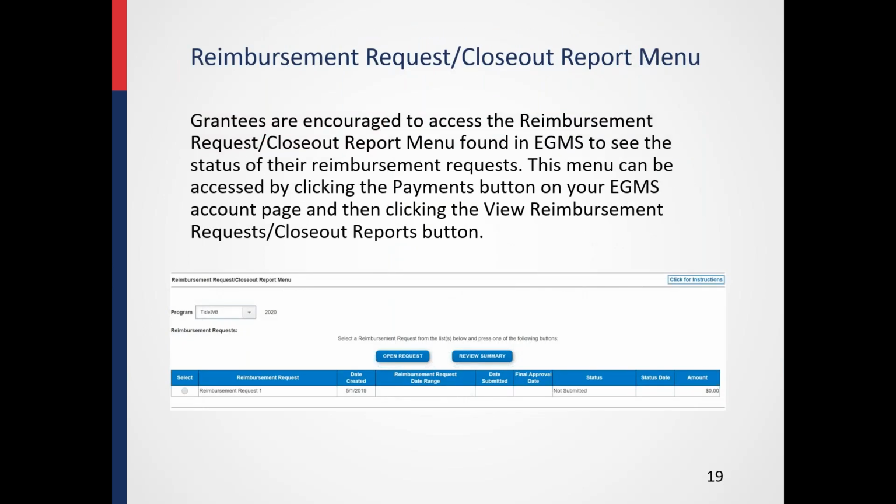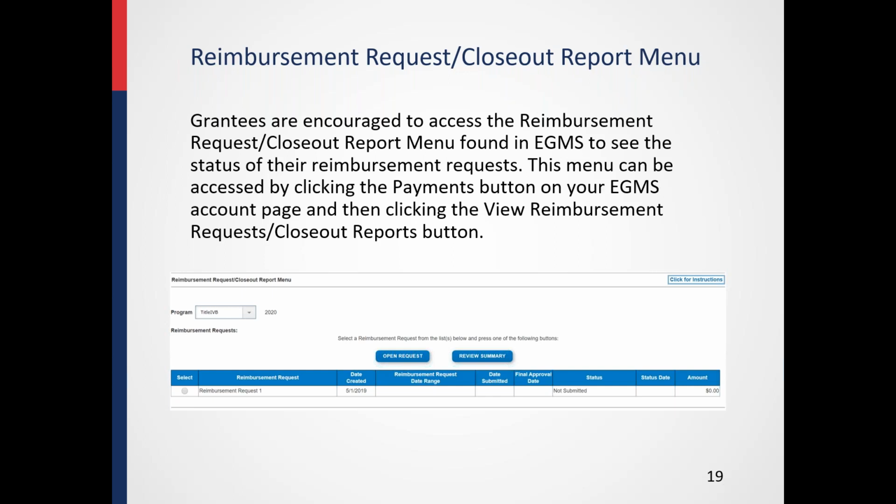All right, to access the reimbursement request and closeout report menu, you can check this list of all of your reimbursement requests in order to know that it was definitely submitted, and to check the status of it if you're wondering when it's going to get paid out.